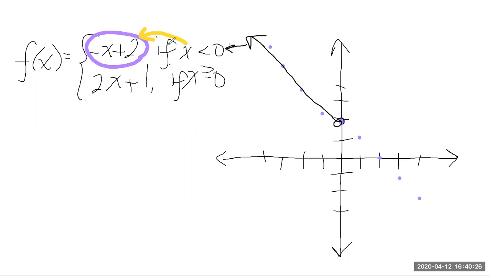Okay, now we're going to look at the second part of the equation. That would be this one. Okay, it has a y-intercept of 1 and a slope of 2. So it would look like here, and it's got an equal sign, so this would be a closed circle, and we want all x's greater than or equal to 1. So we would want the ones that go this way.